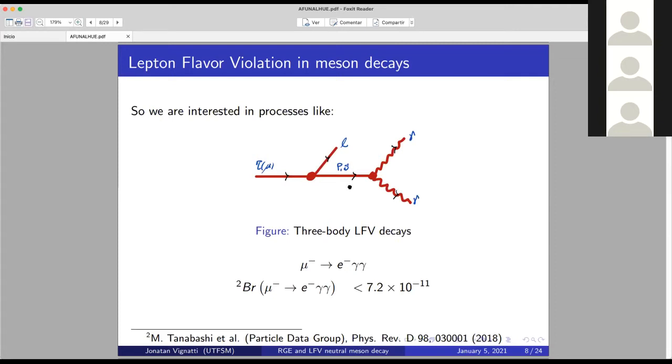For example, in this diagram, one can see that first the tau lepton is decaying into three bodies, it could be two gammas or two leptons, but the second part is the meson decaying into two leptons or two gammas. In this case it could be vector. In this case, for example, we use pseudo-scalar decay.